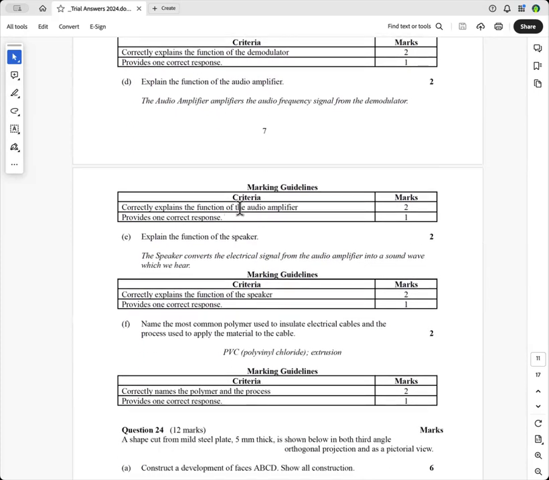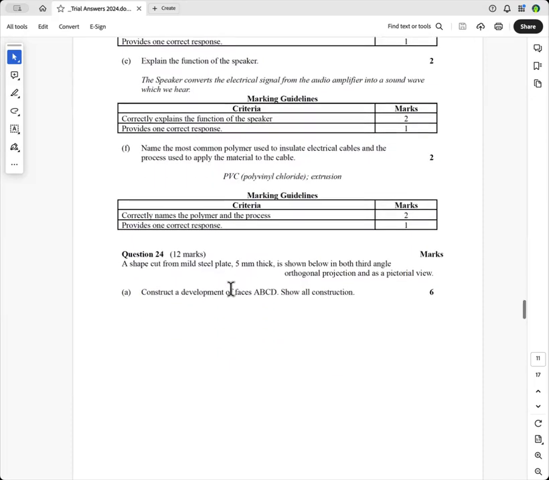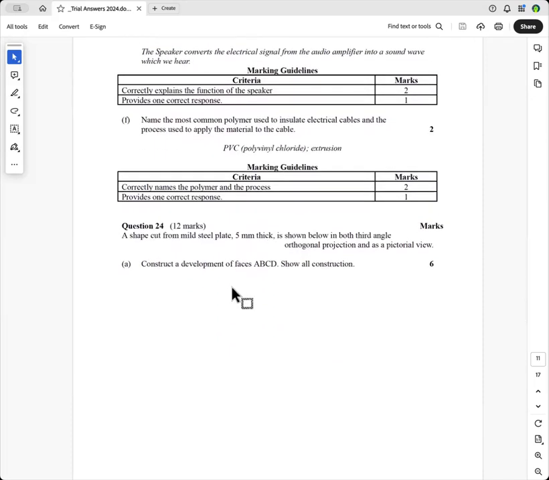Explain the function of the speaker. The speaker changes an electrical signal to a sound wave, which we can hear, an analog sound wave. Name the most common polymer used to insulate electrical cables. Everyone should know this is polyvinyl chloride, it's PVC. Same material they use for downpipes, plastic downpipes and guttering, PVC.